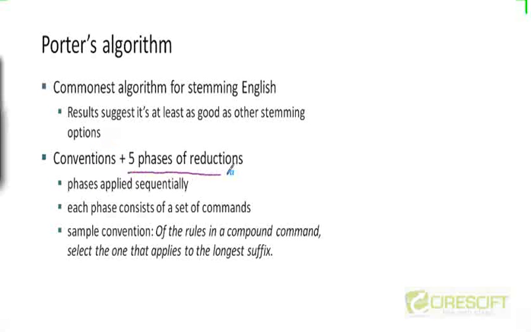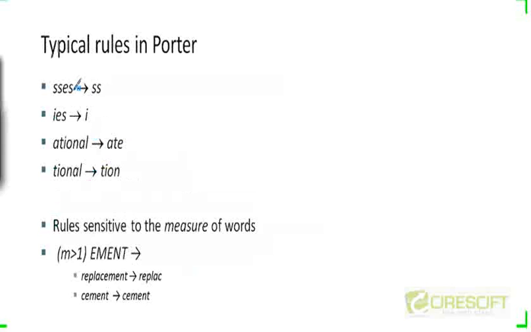The algorithm has 5 phases of reductions. Okay, so what does a phase consist of? A phase consists of a sequence of production rules. Have you done a course on theory of computation, automata theory? You might have discussed production rules there, right? Rules where you take a string that appears on the left hand side and you replace it by a string that appears on the right hand side in the grammar. So this is kind of like that.